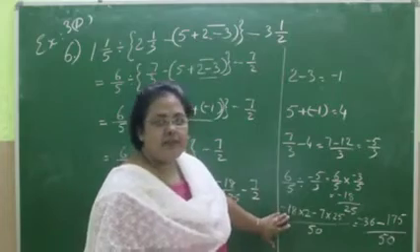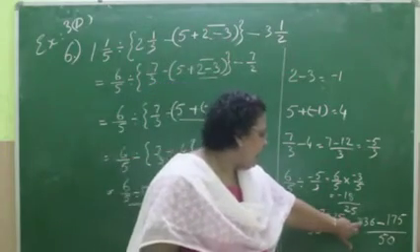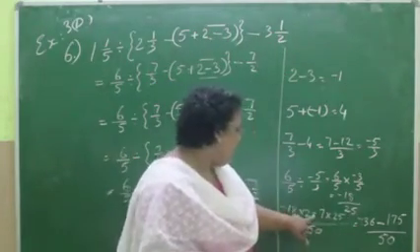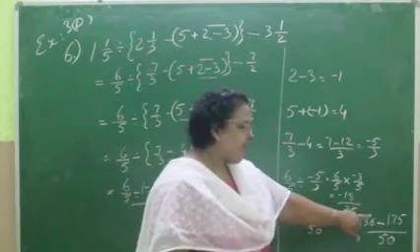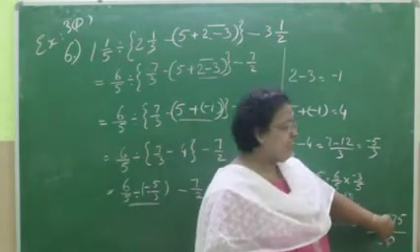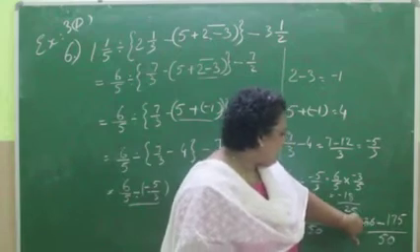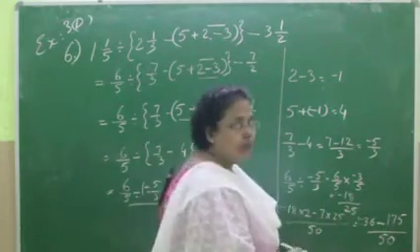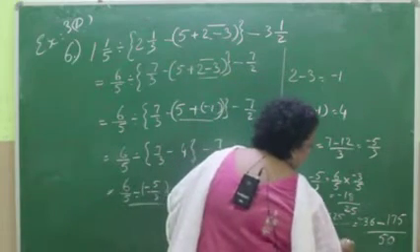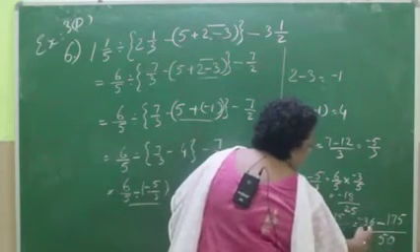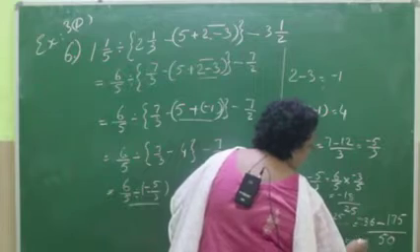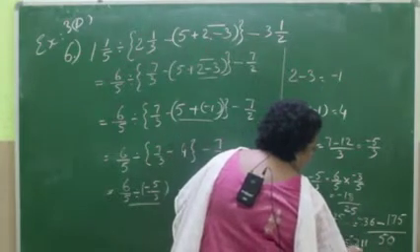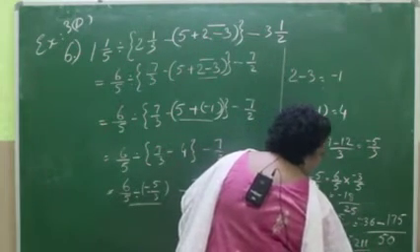So negative 18 into 2 we are getting negative 36, minus 7 into 25 we are getting 175. So minus 36 minus 175, you have to add it together. What you will get here? 211, negative 211 by 50.